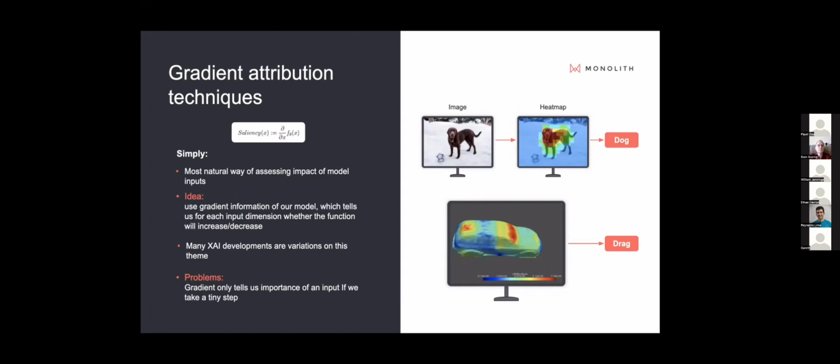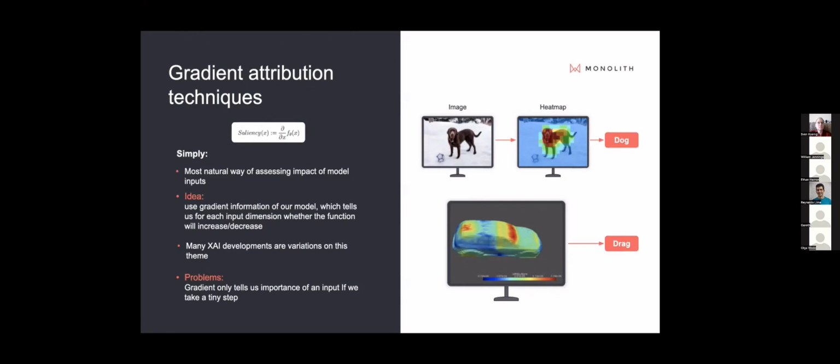In the case of a 3D geometry, or if it's in the form of a point cloud, then the input can take the form of an individual point on the geometry. And thereby the 3D saliency map is a kind of surface on top of the geometry, which is telling you which parts of the geometry are affecting, in this case, the drag of the vehicle the most.